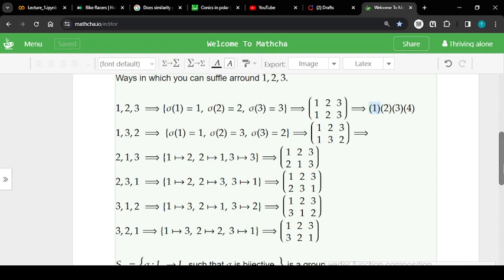That's what is indicated by this notation, because it's a fixed point. I will read it as 1 is a fixed point of the permutation. 2 is a fixed point. Every point is fixed, so we write every point within parentheses, right?